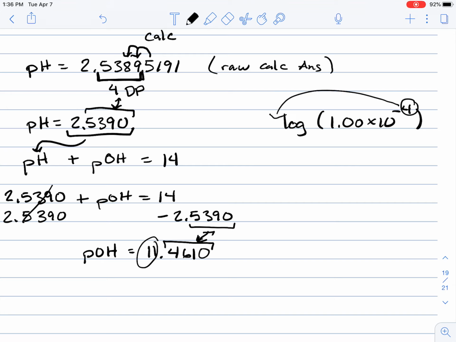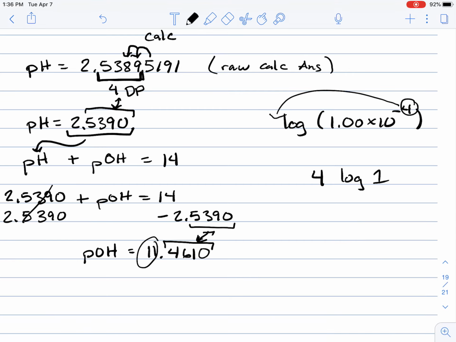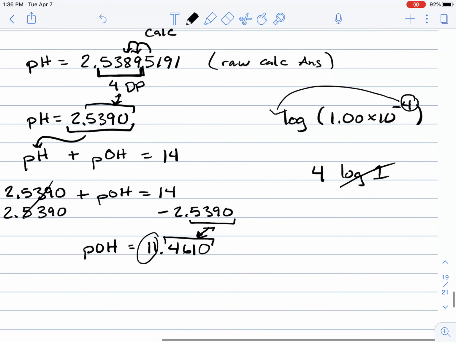So it's going to be 4, and then the log of 1, and so what you get is just this 4. Basically the exponent becomes the first digit.